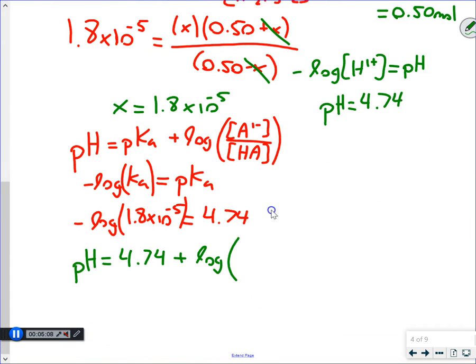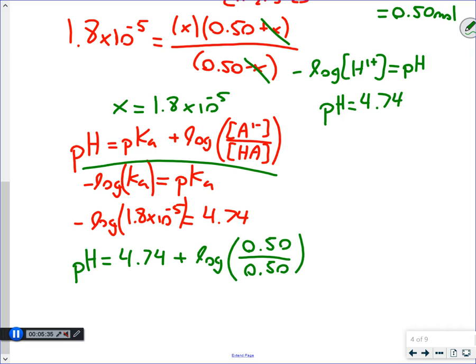So I have the log of 0.5 divided by 0.5. That equals 1, and the log of 1 equals 0. So using this Henderson-Hasselbalch equation, we can solve for pH instead of using an ice table.